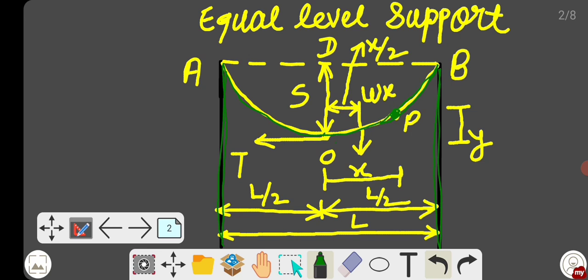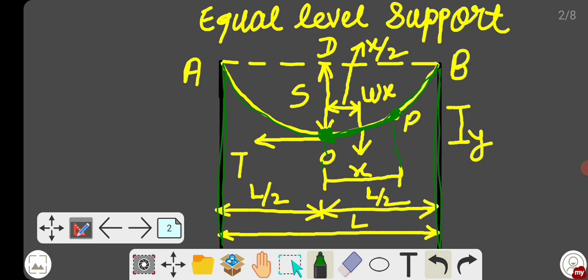Taking this point O as origin, we assume that the curvature OB is equal to its horizontal projection, that is x.